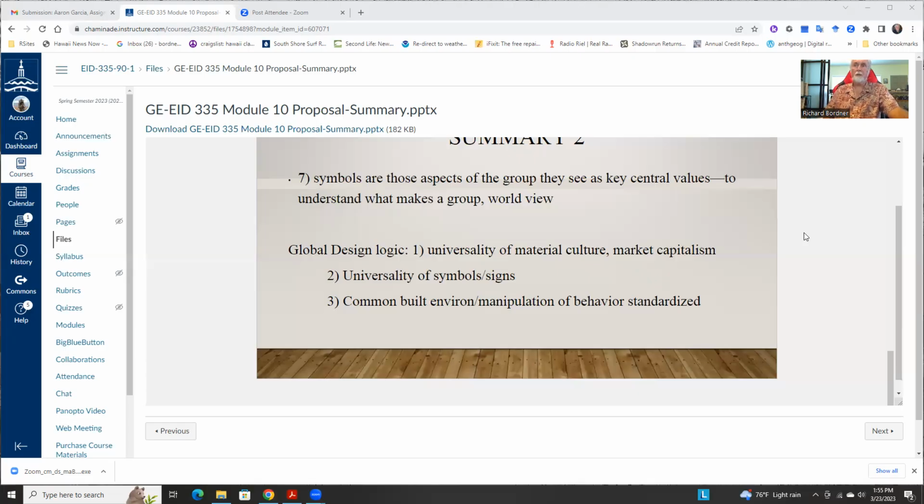So in that context, it's important to remember that that's why this class is what it is. Despite the fact that there's a lot of stuff that you can buy globally, different groups, different cultures, different subgroups within different cultures treat the world and see the world, perceive and function in the world differently. And if you're good in this field, that's what you understand and try to take advantage of. And that's what keeps it a fascinating area to look at.